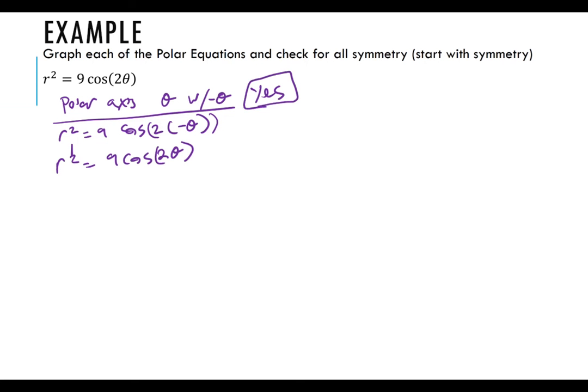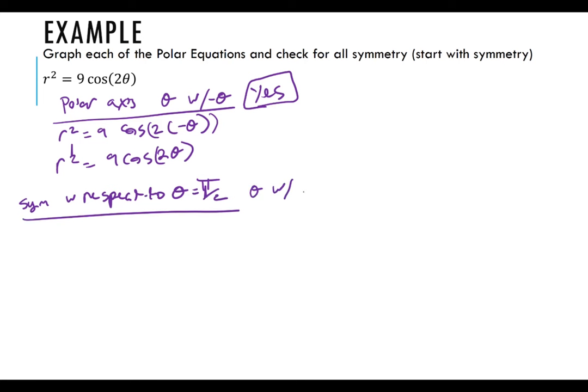Then let's see if we have y-axis symmetry, or symmetric with respect to theta is equal to pi-halves. That one's going to be replace theta with pi minus theta. And so that is r squared is equal to 9 cosine of 2 times pi minus theta. And I claim that this one, just like earlier, is going to give us cosine of 2 theta in the end using the difference identity.